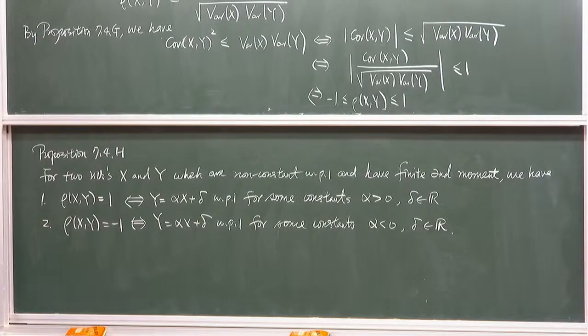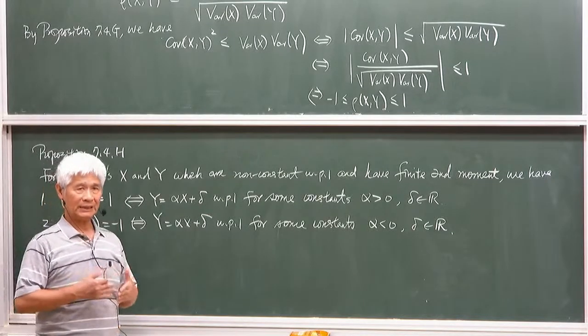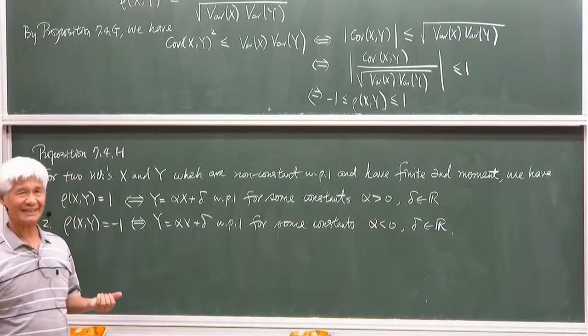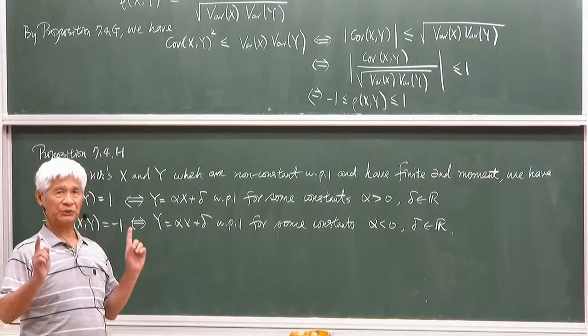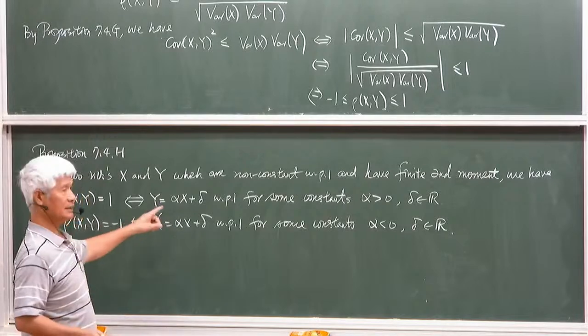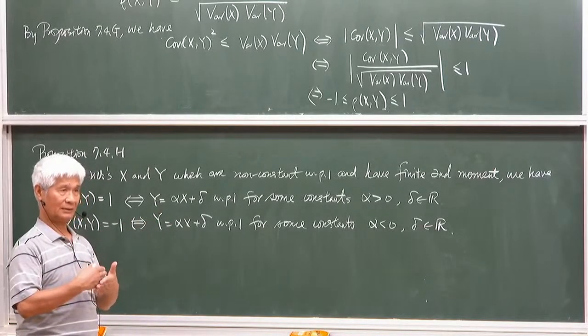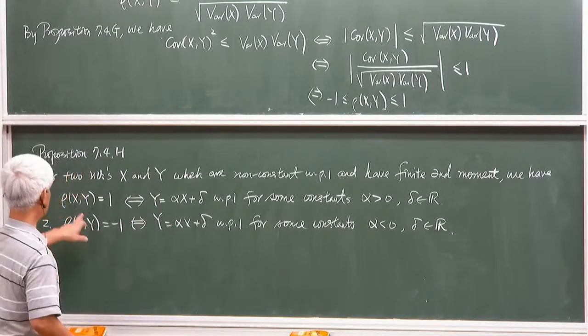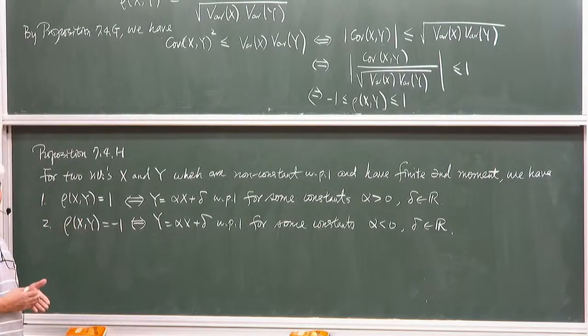So in many tests of two random variables to see if they are linearly related, we usually compute the correlation coefficient between these two random variables.